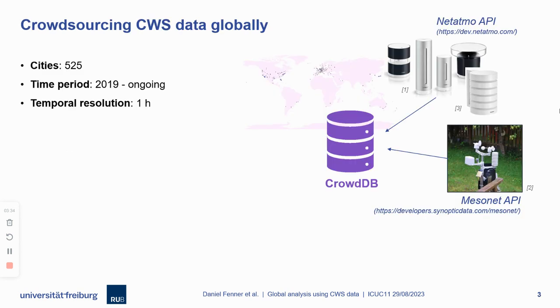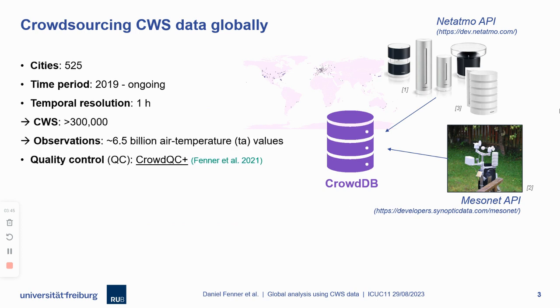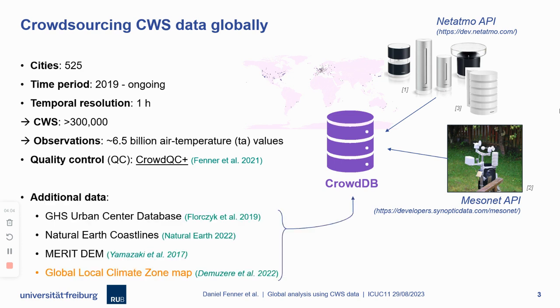So what data are we using? We put together a crowdsourcing database of more than 500 cities, starting in 2019, in 1 hour temporal resolution. We have more than 300,000 stations, resulting in more than 6 billion observations of individual air temperatures over this time. They are all quality controlled using the quality control package also developed by Daniel himself.